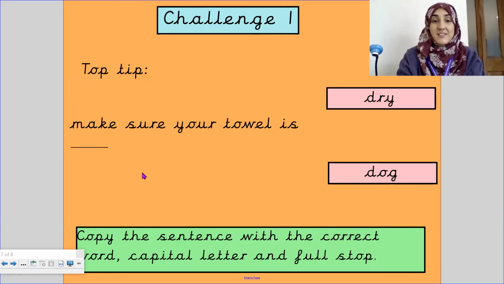In front of you, you have a sentence. It says, make sure your towel is, and there's a blank. On the side, you have 2 words. You have this one, and you have this one. Your job is to choose the right word and complete your sentence with the correct punctuation. Okay, and remember to title top tip at the top.